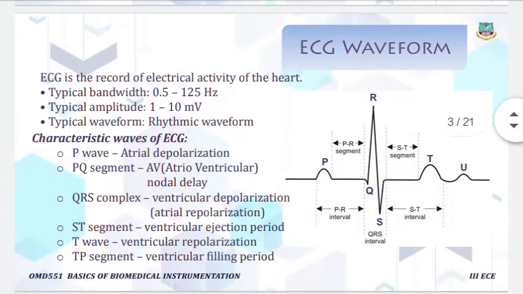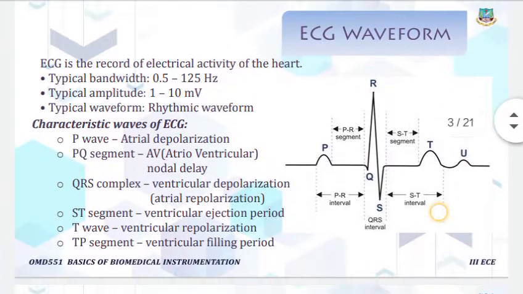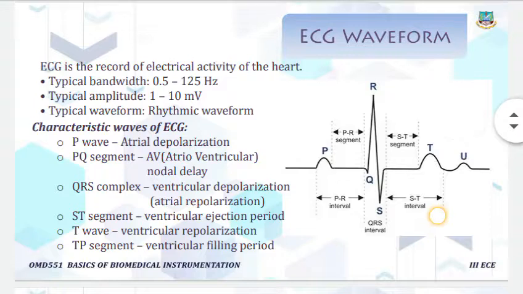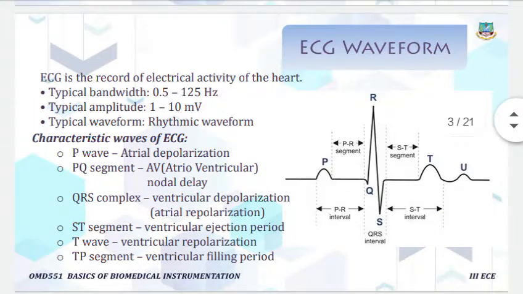I told you it is a rhythmic waveform. This figure shows the waveform of the ECG. What is ECG? It measures the electrical activity of the heart. The electrocardiogram is the record of the electrical activity of the heart.